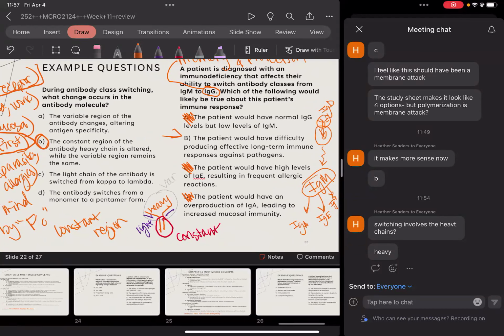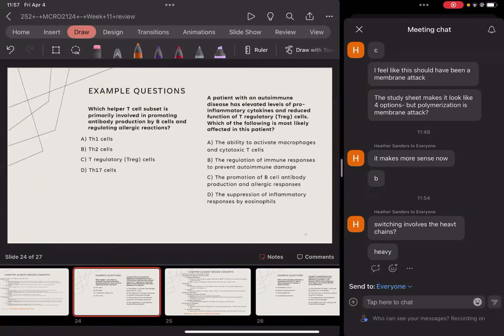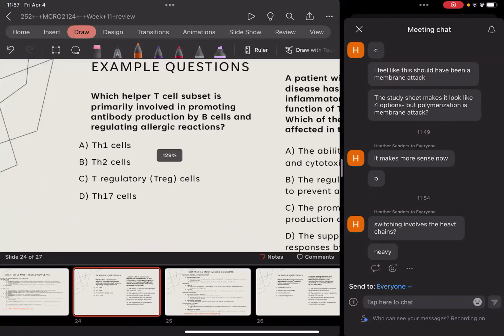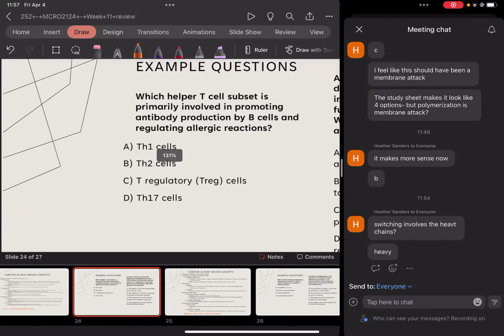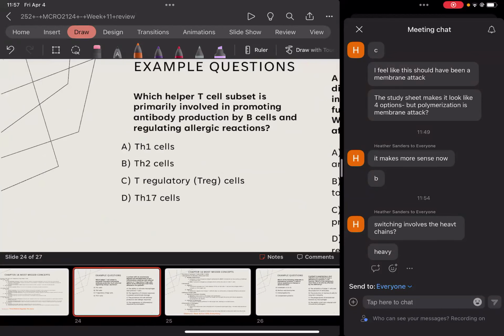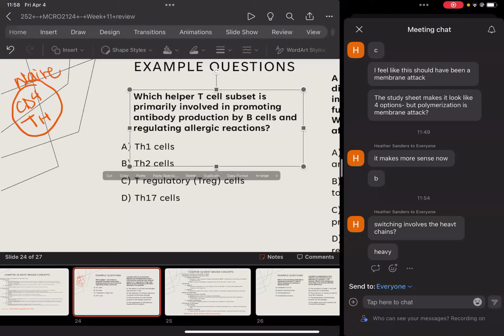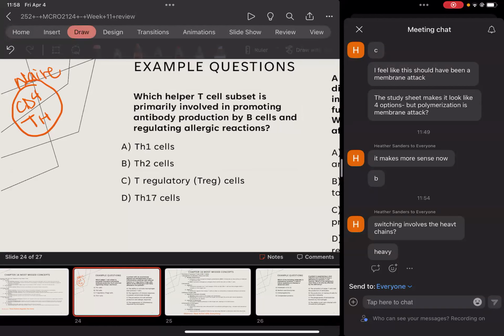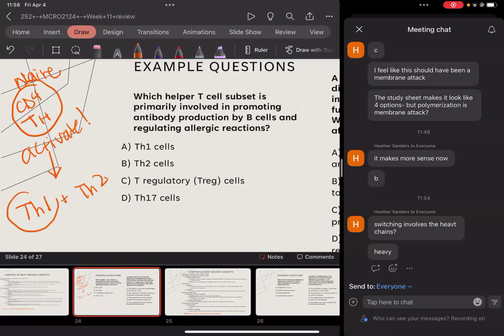How many more do we have? Okay, just 2 more sets. Moving on to our T cell guys. Which helper T cell subset? You always start out as a CD4 T helper, just general. This is what we call naive. Once we activate, these will switch to Th1 and Th2 helper cells.